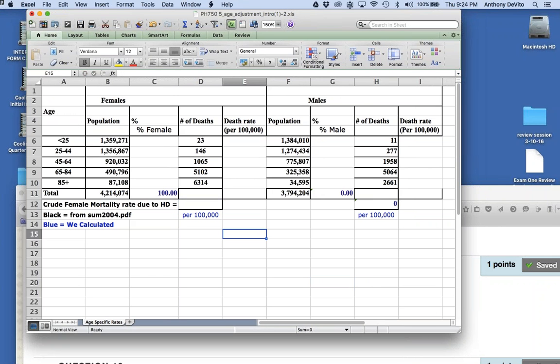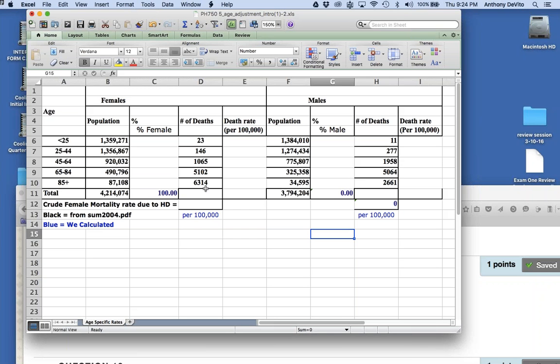Okay, so I'm ready. Now here we have the population of New York during some period of time. I don't know exactly when, and we're looking at the number of deaths due to crude female mortality rates due to heart disease, or cardiac. Actually, I think any kind of cardiovascular disease probably is really what it is.